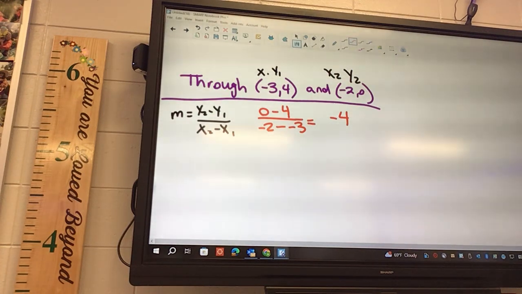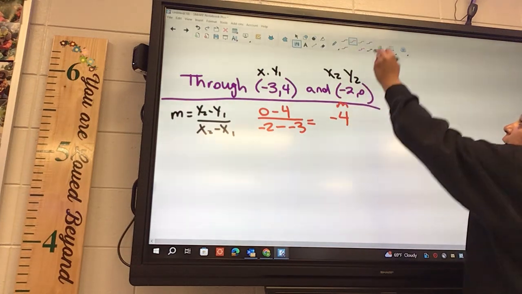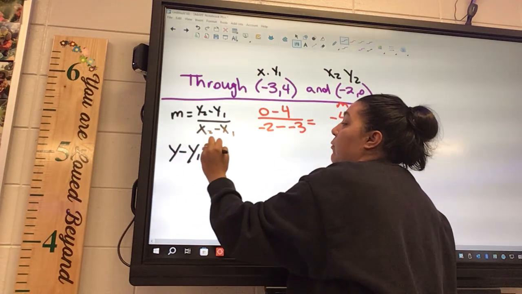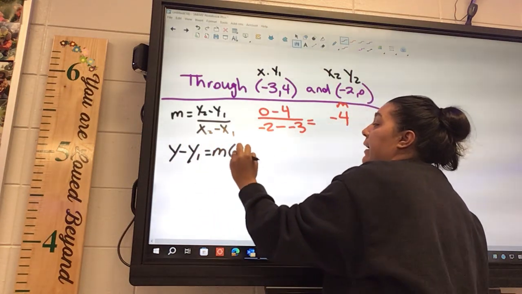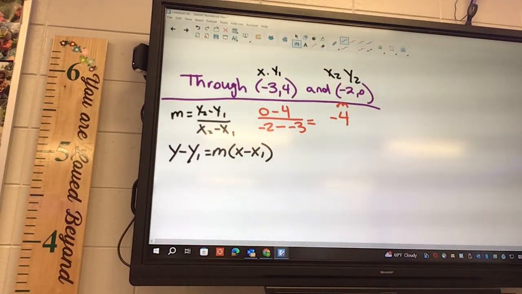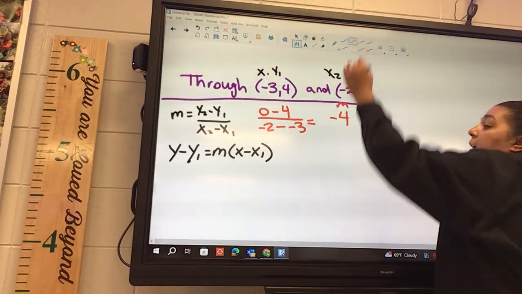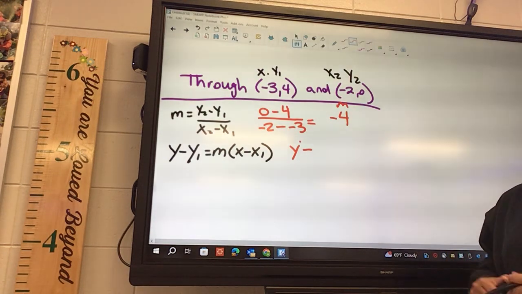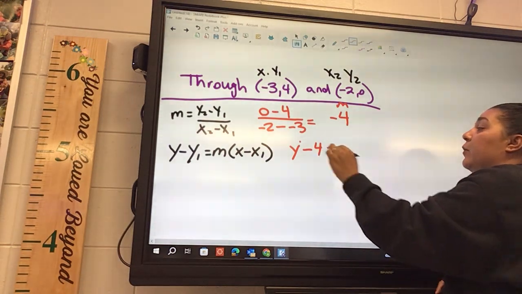Okay, so negative 4, what is that? What were we finding? What did we just find? The slope, that's our m. Okay, so this is my m. And then we need this formula too. So we're going to say y minus y1 equals m times x minus x1. Okay, so we're going to say y minus, what is my y1? 4 equals my m.